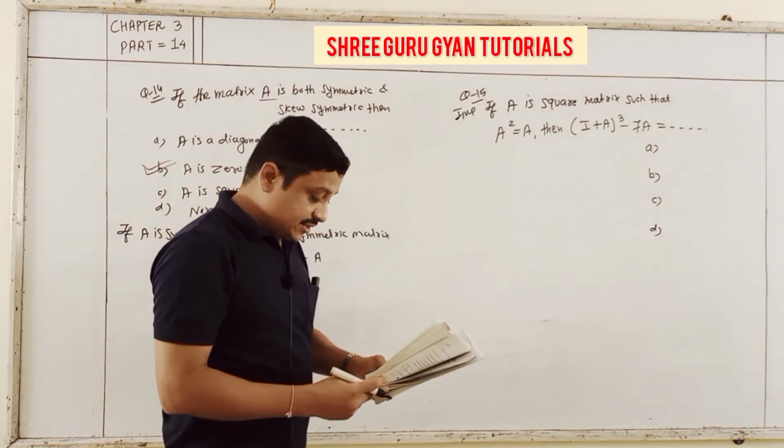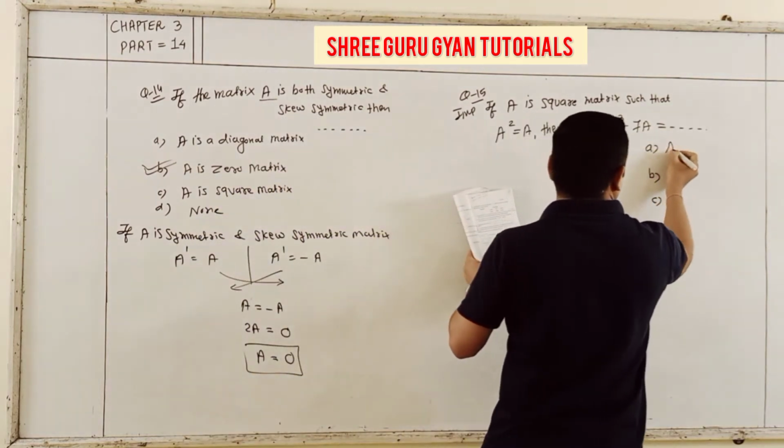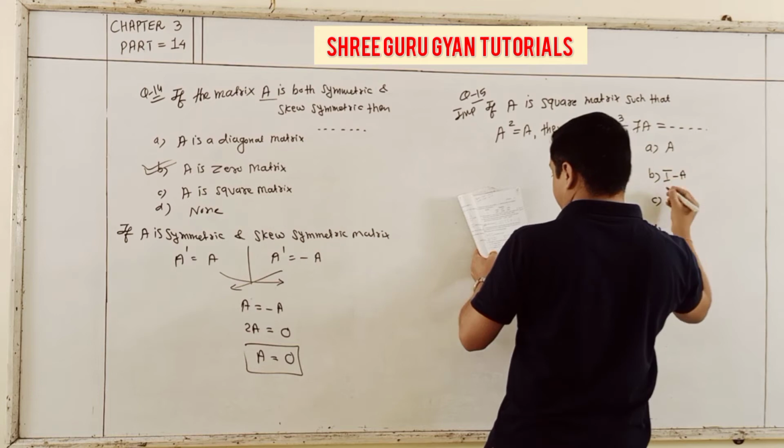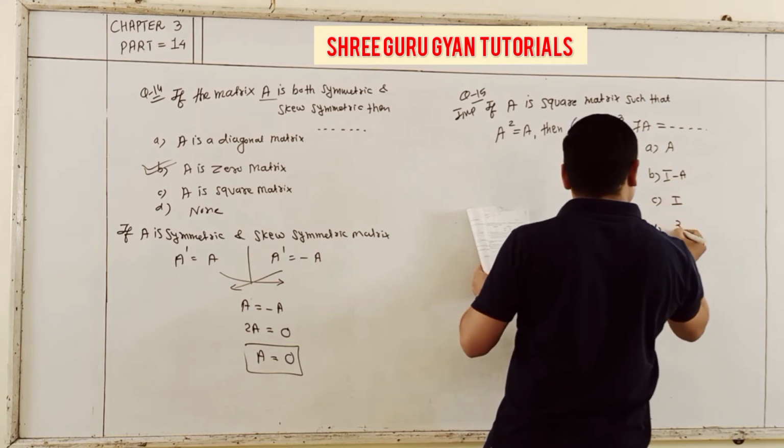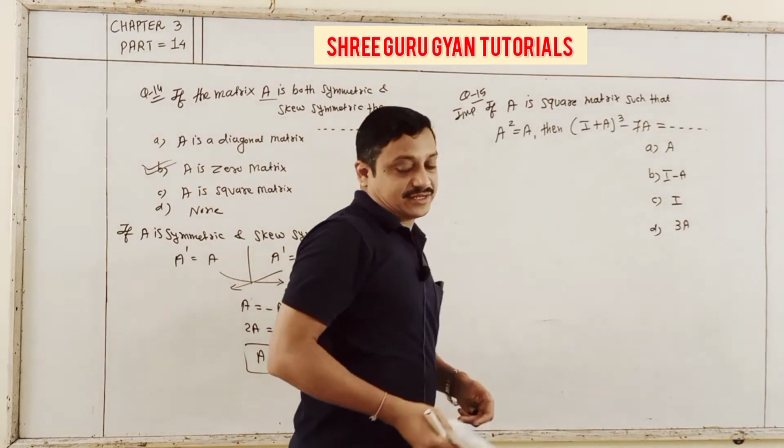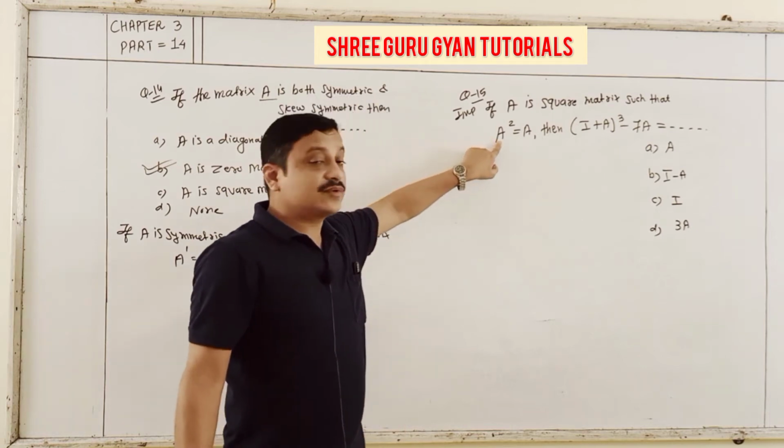So your options are: A, capital A; I minus A; I in 3.